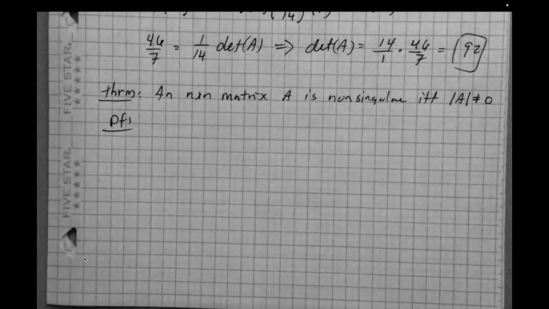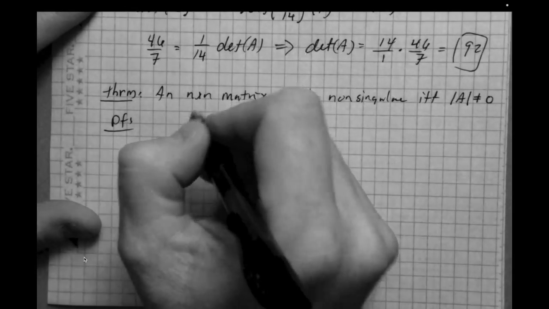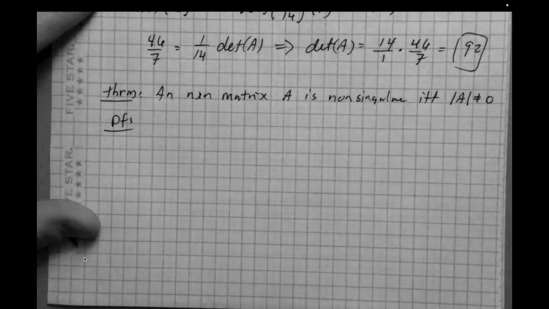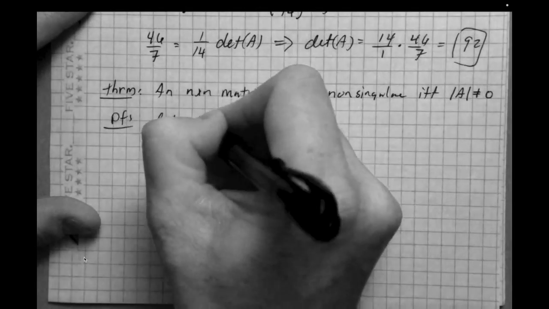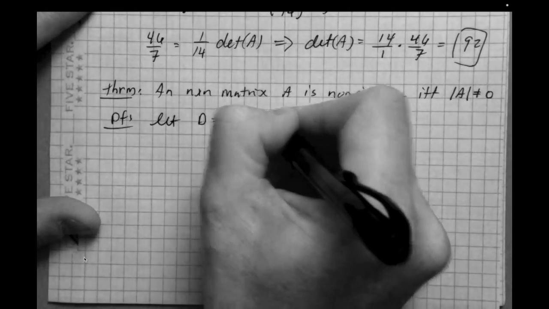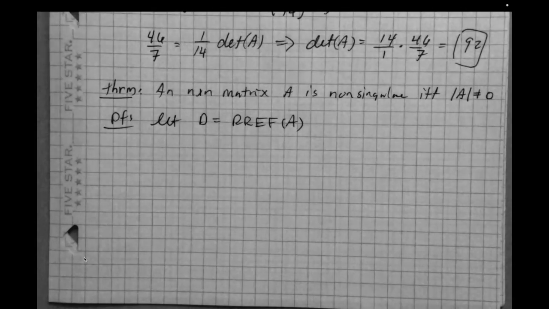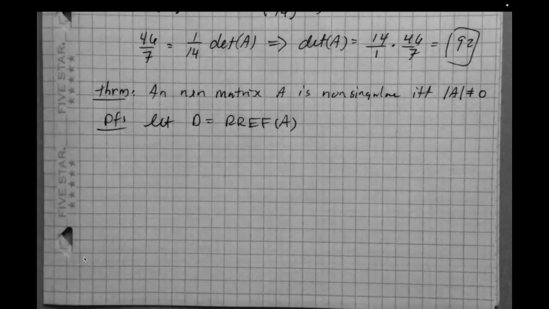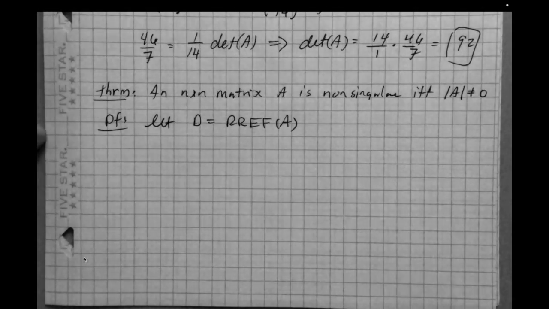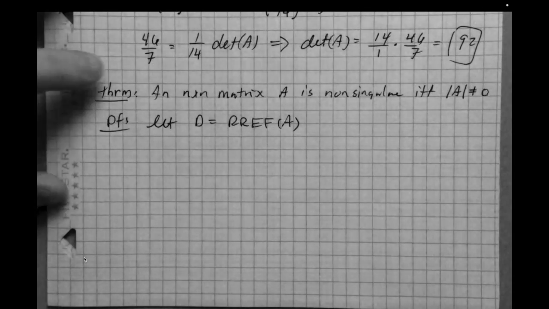Let's just prove it. Okay, so we're going to use the notation D to denote the matrix A in reduced row echelon form. So we're going to let D equal the reduced row echelon form of A. Now we know D is unique, right? There aren't two distinct D's that are equivalent to A and also in reduced row echelon form.